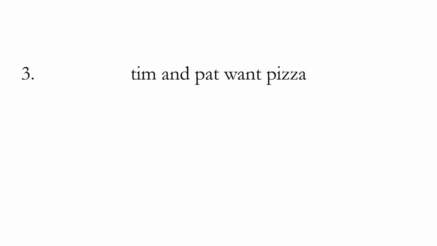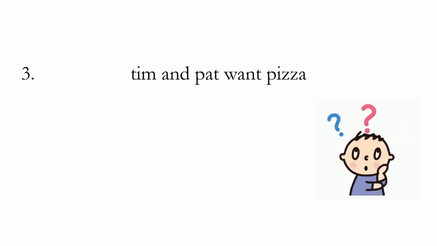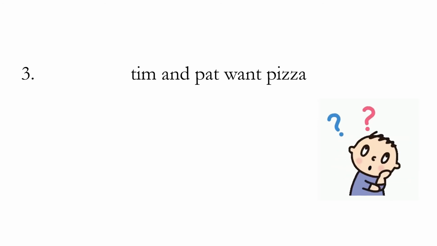Okay, so it says here, Tim and Pat want pizza. I wonder what the problem is here. Well, what I want you to do is pause it and write this bad sentence down. And once you have it written down, you can unpause it and continue.